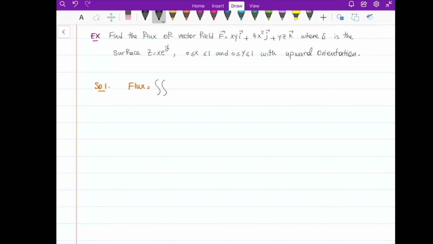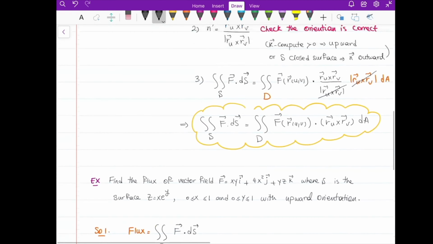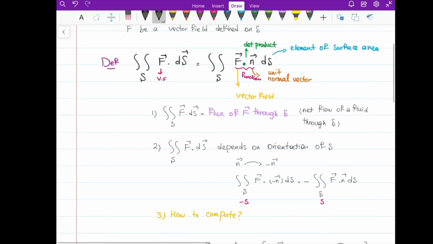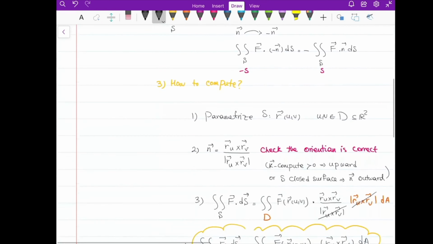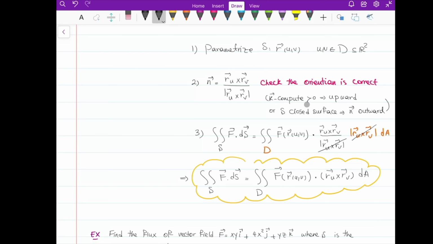I need to find the double integral of F dot dS over the surface S. If I want to use this formula here, I need to find n, the unit normal vector to the surface S. You would need to parameterize the surface S, find the cross product of the partial derivatives over its length, and write this formula instead of dS.